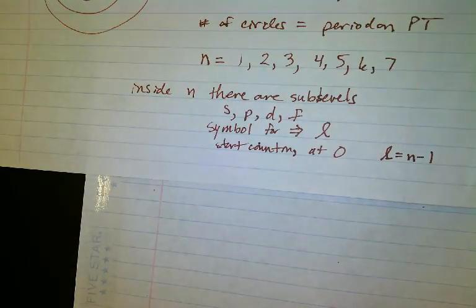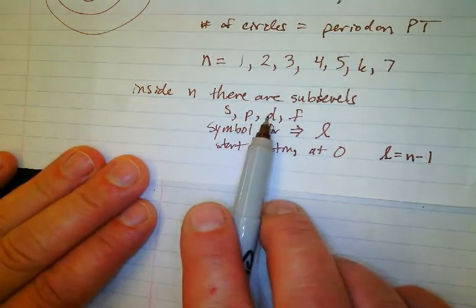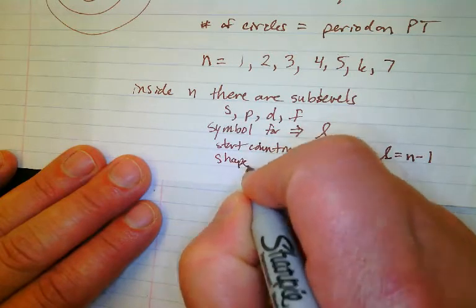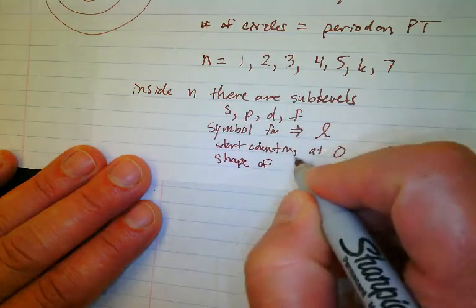Now, what does l tell you? It tells you whether it's an S, a P, a D, or an F. So it tells you the shape of the orbital.